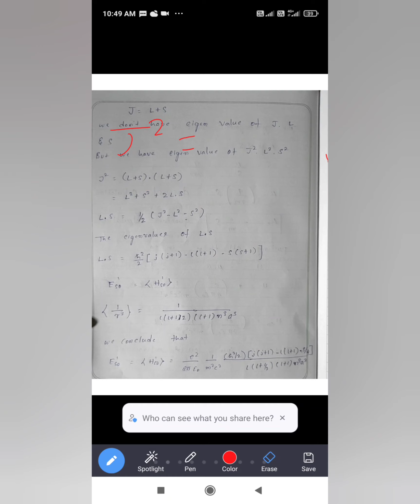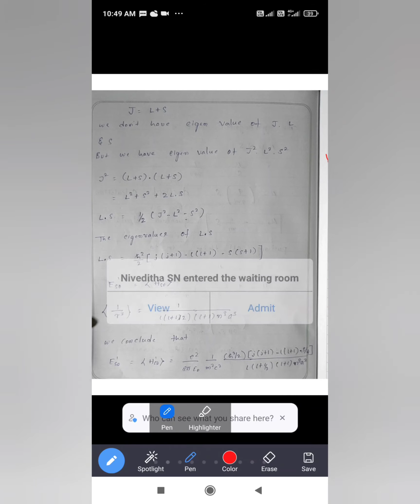Taking the dot product, L into L gives L square, plus S into S gives S square, plus 2 L dot S. Here the unknown is L dot S. Taking L dot S to the left side, we get L dot S is equal to 1 by 2 times (J square minus L square minus S square).